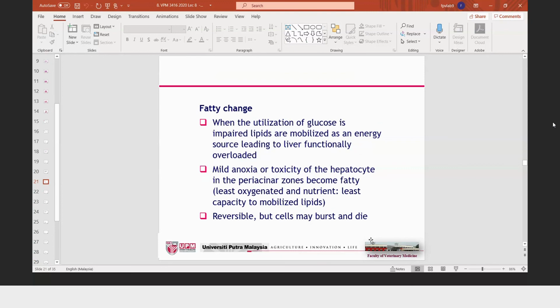Sometimes anorexia or toxicity causes hepatocytes in the periportal zone to become fatty, and this fatty change can be reversible, but again, the cell might burst, leading to necrosis.